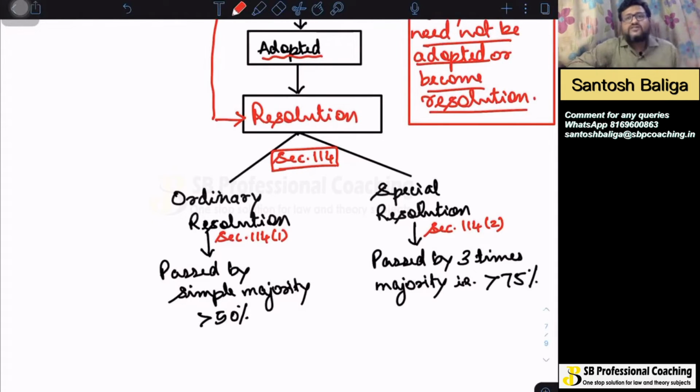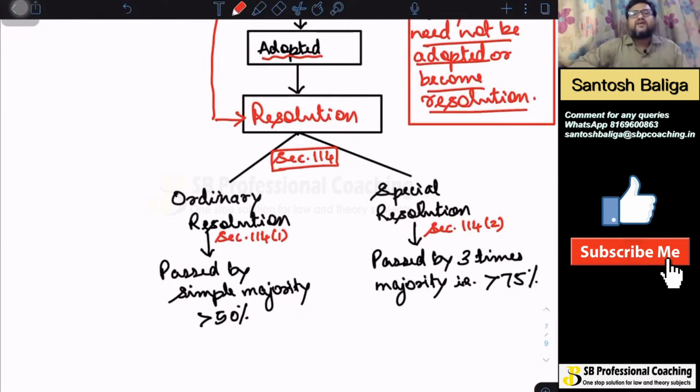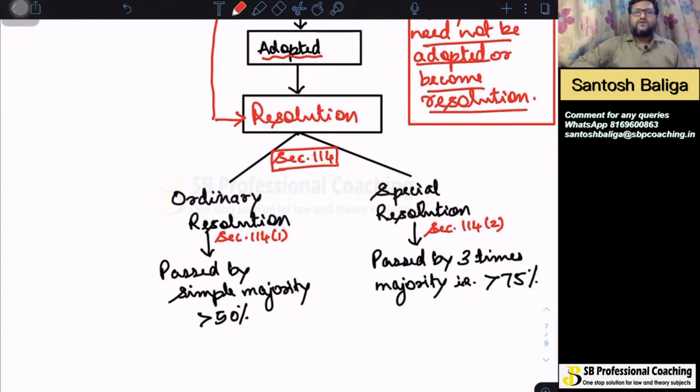But if the provision specifies clearly that for such an act, a special resolution needs to be passed, so it is specific in nature, interpretation also will be specific in nature, hence it will be special resolution. So if the provision of the act specifies clearly that a special resolution is required, then and then only a special resolution will be required. It is not based on whether it is ordinary business or special business. I hope this concept is clear to you, because many people do carry this concept, which is completely wrong.